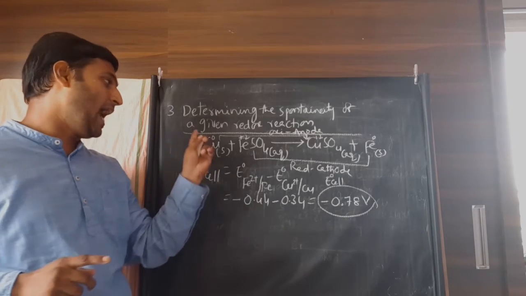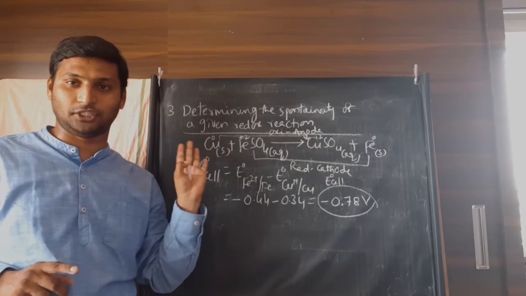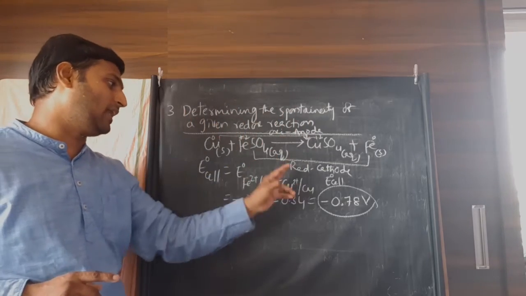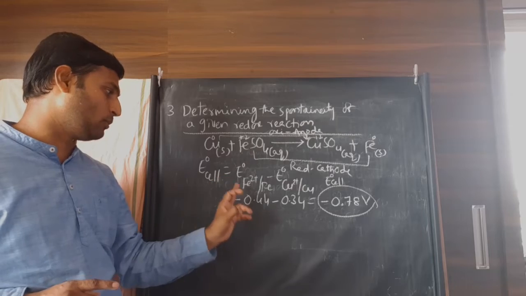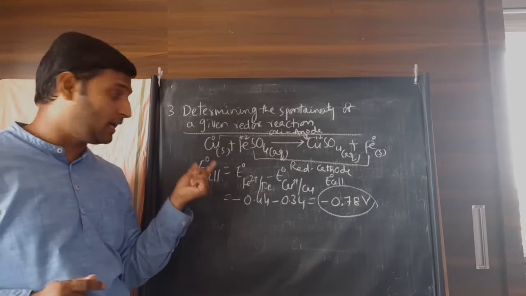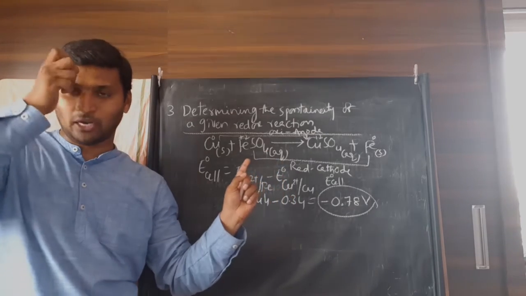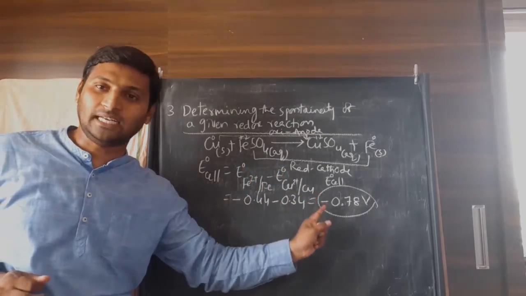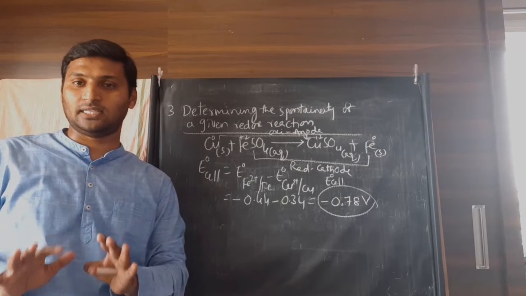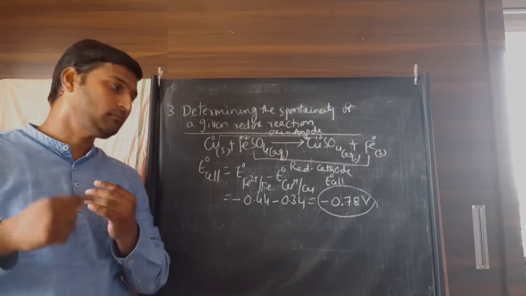One, identify which part is undergoing reduction, which part is undergoing oxidation. Then use the reduction couple electrode potential and the oxidation couple electrode potential in the E0 cell formula, and if the value comes positive, that reaction is spontaneous. If the value comes negative, that reaction is non-spontaneous. Up to that things are clear and easy, right?